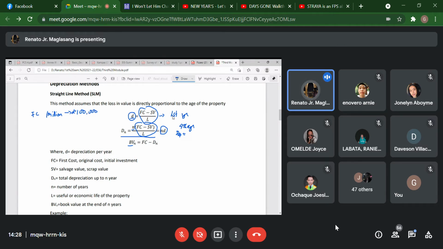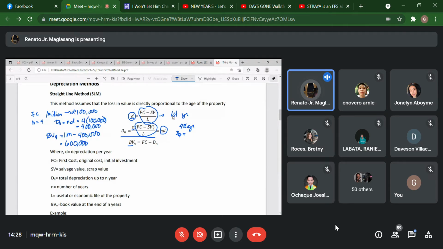So if n is equal to 4, then D sub n is equal to nD, which is 4 times 100,000, which becomes 400,000. So the book value at the end of the fourth year will be 1 million minus 400,000, and that is equal to 600,000.